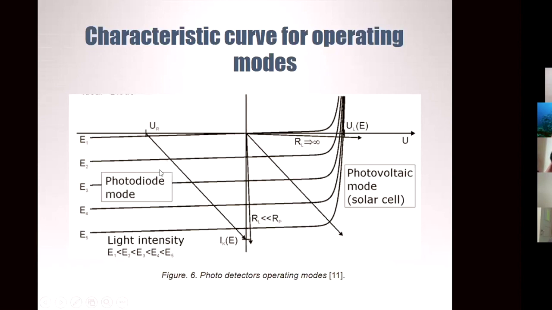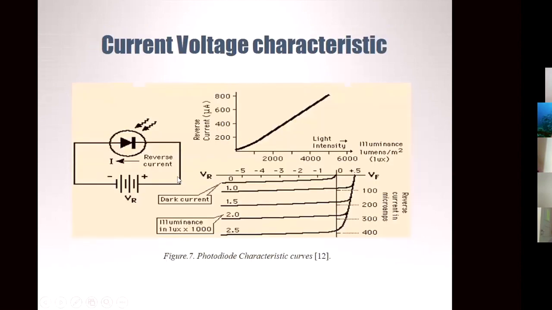If we talk about the current-voltage characteristic, we will learn in the working principle how the photodiode works in reverse biased mode. So we can see reverse bias mode. But when it works in reverse bias, even though there is no photon or no light, there is a minor current that is called dark current. We can see here this is the dark current. It is very small due to the reverse bias condition.